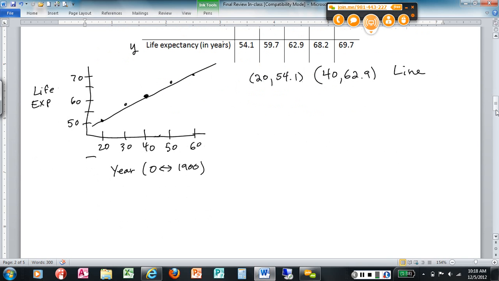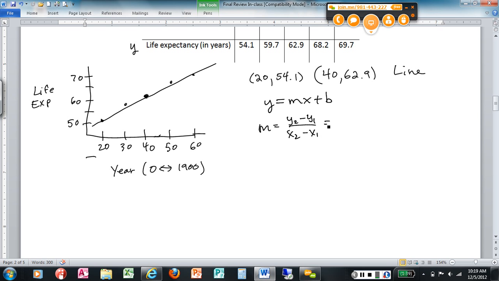Well, that's why I wrote those points there, because what I want is y equals mx plus b. And we mentioned this earlier. I do that by getting the m first, right? m is going to be the difference of the y's, y2 minus y1 over x2 minus x1.